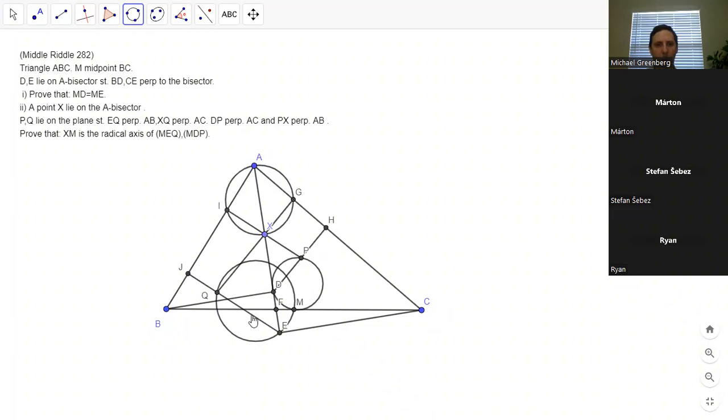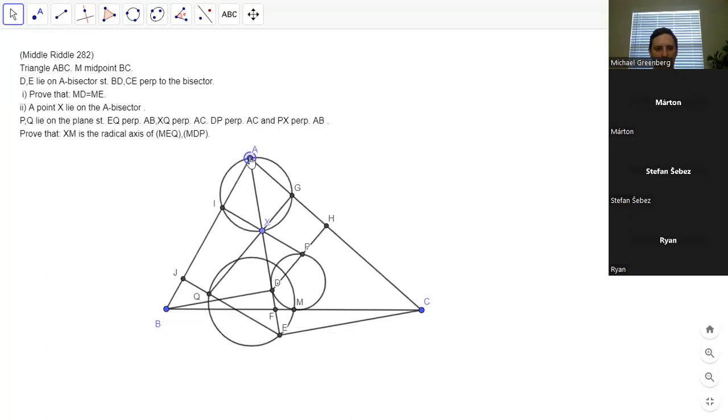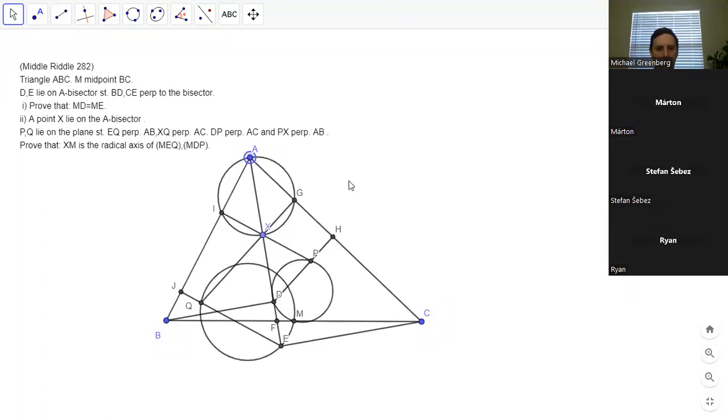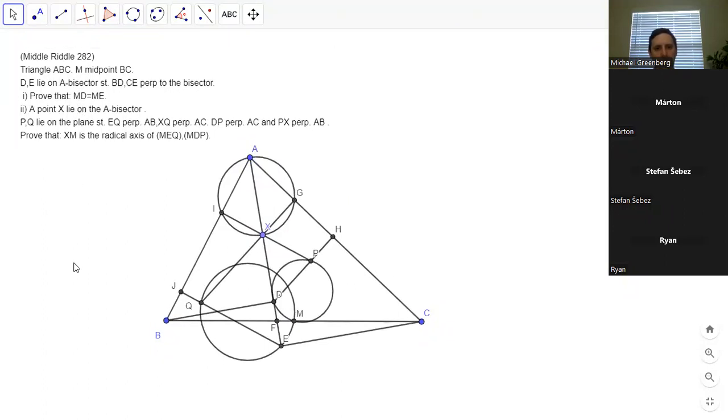I don't know if we want to let these right angles meet, but let's see, what's a good way to draw this? I like that. Yeah, MD equals ME.